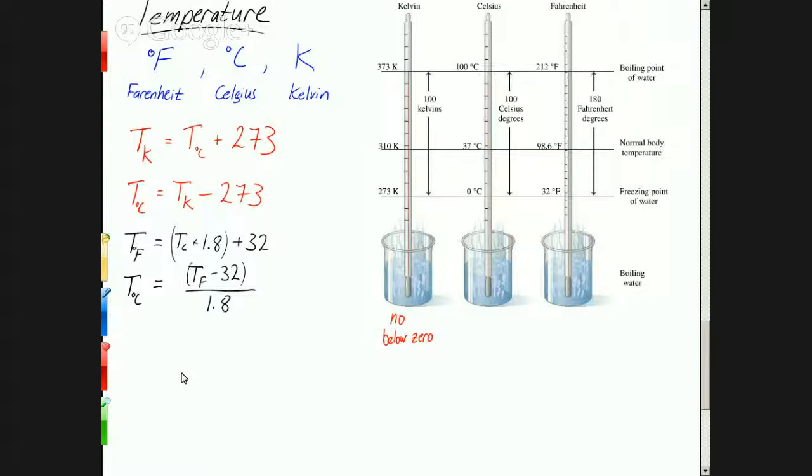All right. So those are the equations. There's not really any shortcut to that. That's just how it's done. We just have to remember some of these numbers.